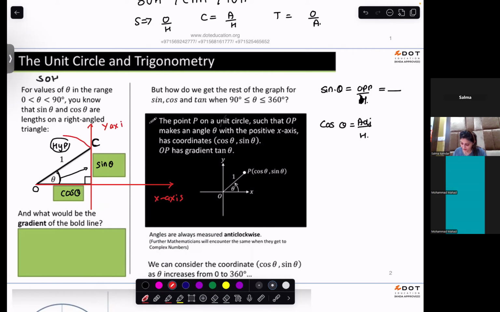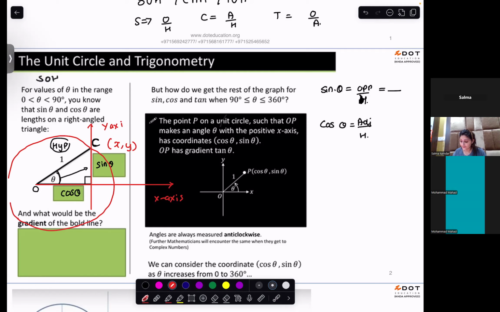And my circle goes round from here. If I want the coordinates of point C, is it possible for me to get them? The coordinates of point C would be x and y.